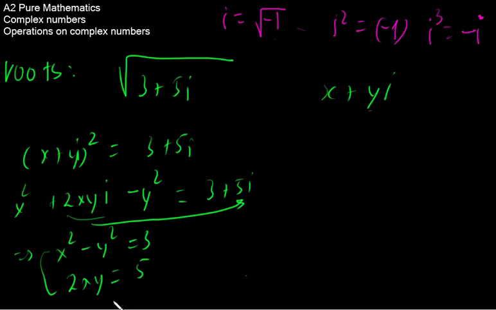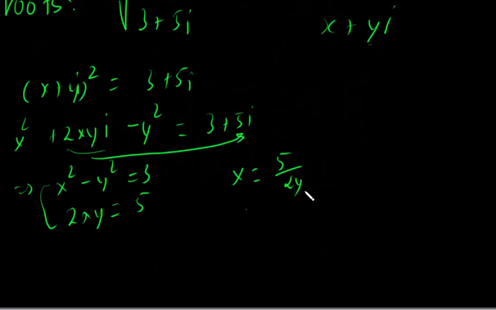So how do we do it? Here we have 2xy is 5, so we have x is 5 over 2y. We place it here. Let me write it down here. We have 5 over 2y squared minus y squared is equal to 3.